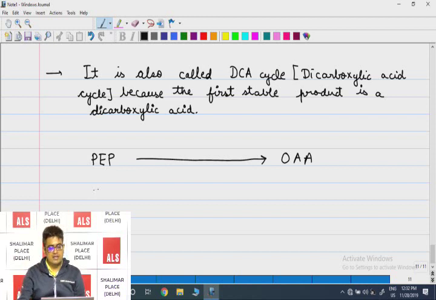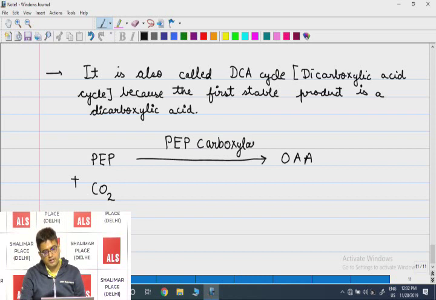Similarly, the enzyme which is accepting the carbon dioxide here, it is a carboxylation reaction. So the enzyme used here is called PEP carboxylase. I have not written it here because of less space.